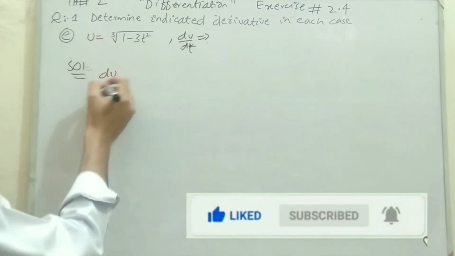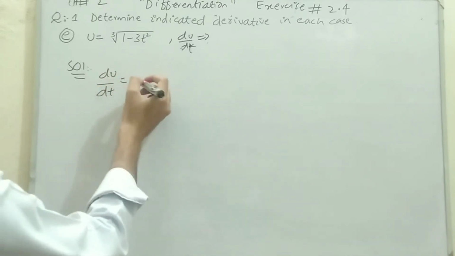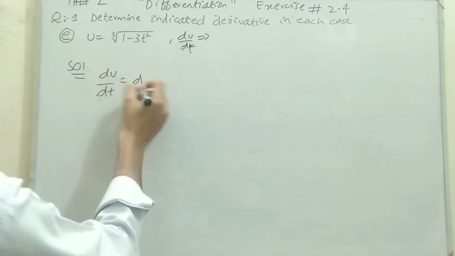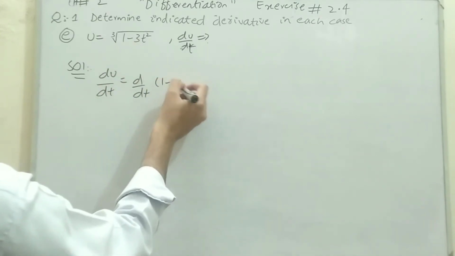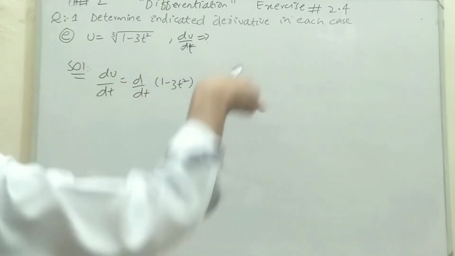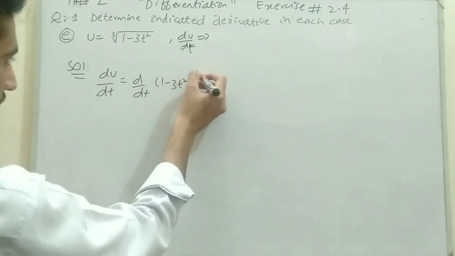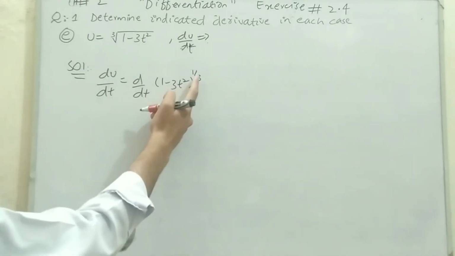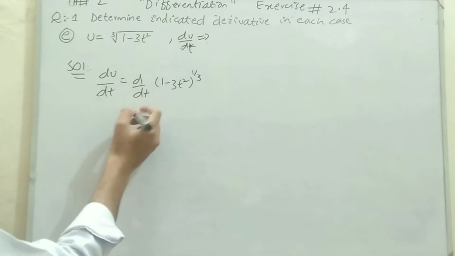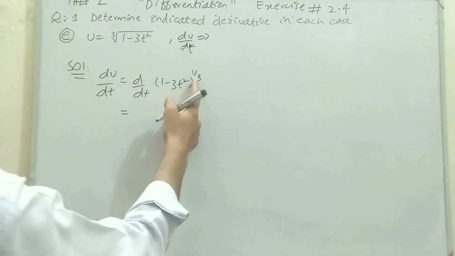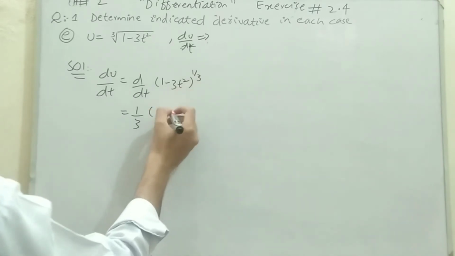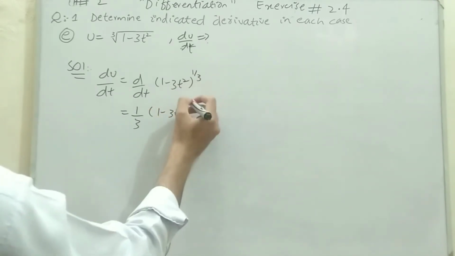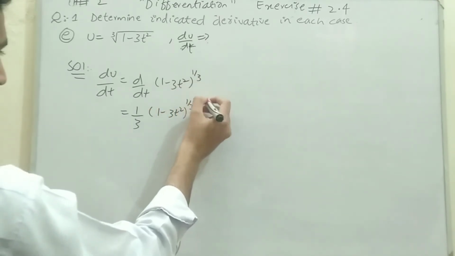So it becomes du by dt will be equal to, we differentiate with respect to t, so d by dt of the cube root. So we can write it as 1 minus 3t square. Here it is cube root, so it becomes 1 over 3. So (1 minus 3t square) power 1 over 3. After simplification using the generalized power rule, 1 over 3 will come to the front and we will subtract 1 in the power, (1 minus 3t square), subtract 1 from 1 over 3, so 1 over 3 minus 1.